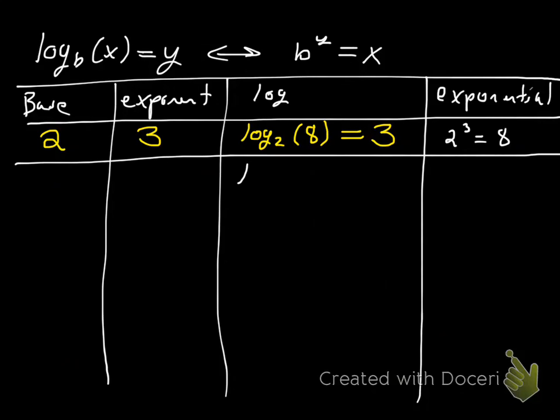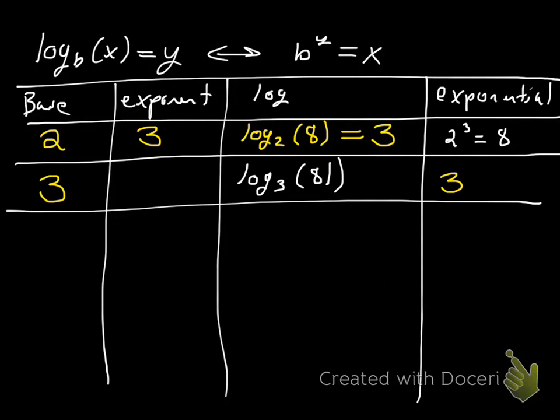Now I'm going to give you a logarithmic form and see if you can identify the base and the exponent, and then try to put it in exponential form. So log base 3 of 81. If you want to pause, see if you can try to figure it out. It's going to be 3 to some power is 81. Base is 3.